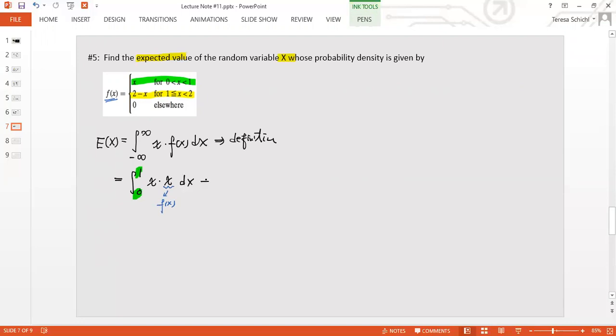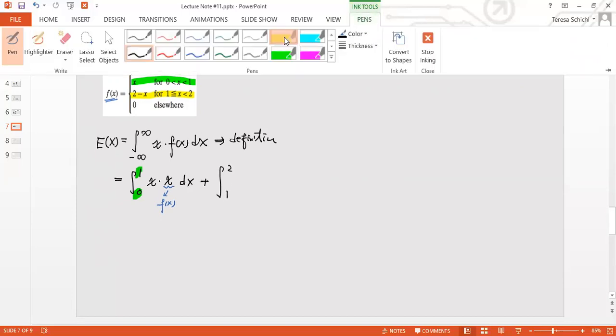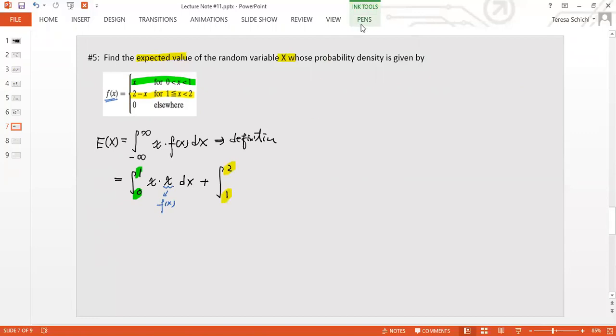Then you add the second piece, which is from 1 to 2. You need to be careful and make sure your limits match. Now you have x times 2 minus x dx. Let's take a look. x times x is x squared, and the integral of x squared is x cubed over 3, evaluated from the lower limit to the upper limit.